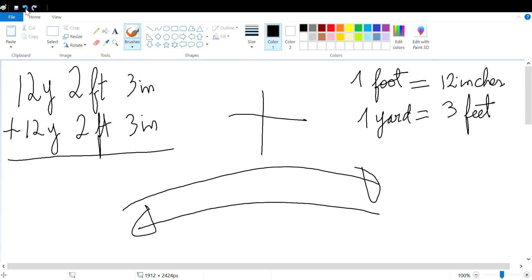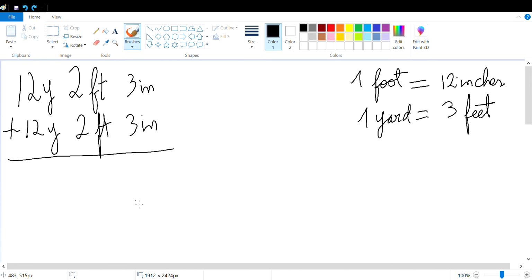Good, so let me erase that. I have here prepared the addition with the going and the coming back. 12 yards 2 feet 3 inches plus 12 yards 2 feet 3 inches. Okay, so what do we do?